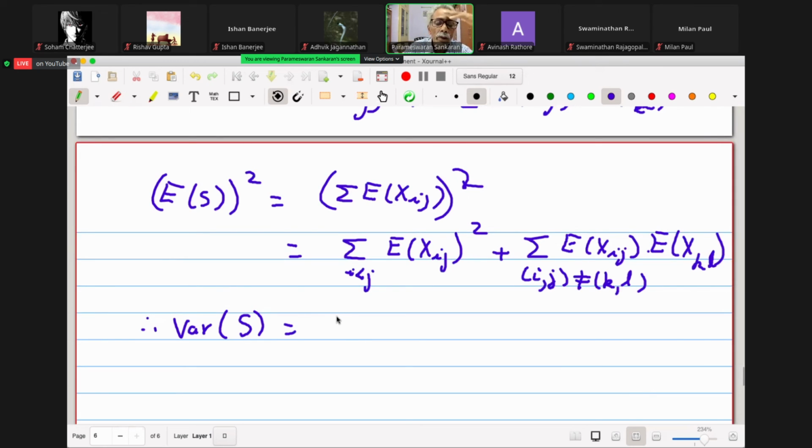This is the summation of E of x_ij, minus the summation of E of x_ij, whole square.